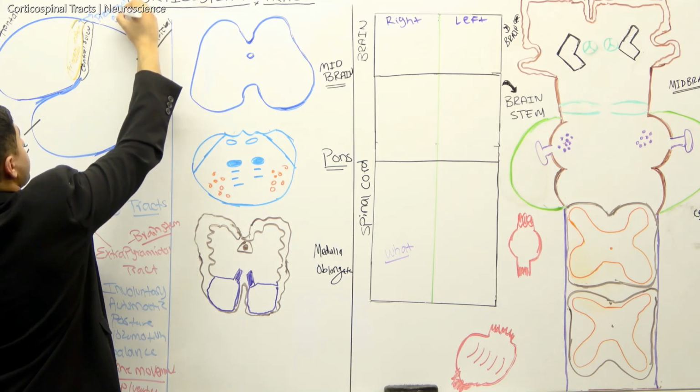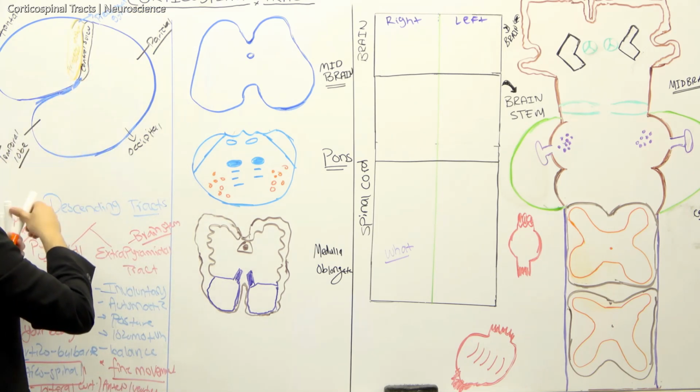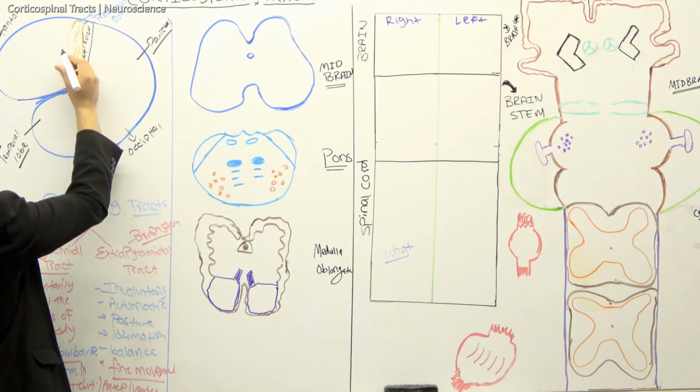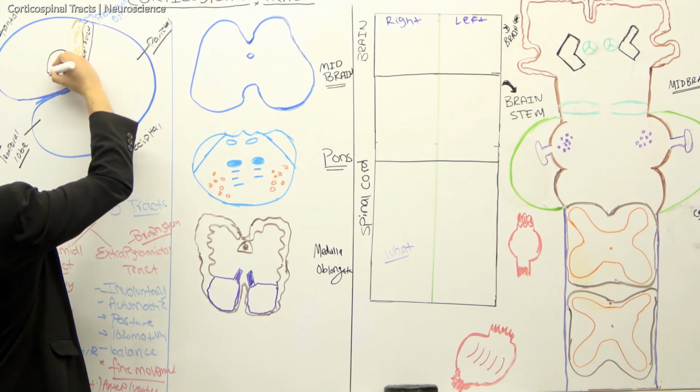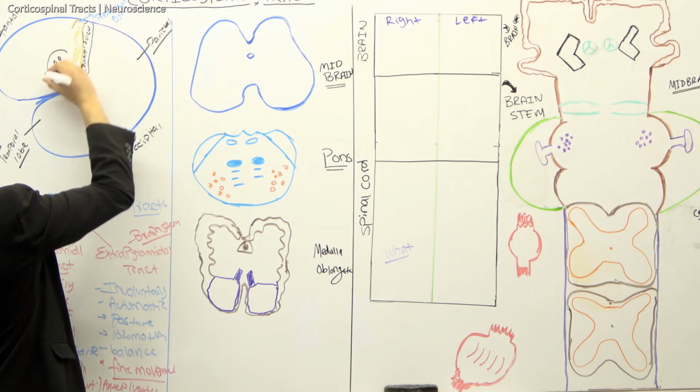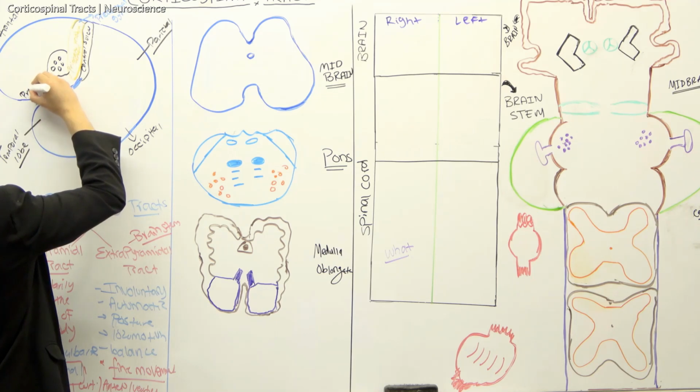All right, and then anterior to the precentral gyri, you're going to find the cell bodies around, let's say, this one right here. There are a lot of cell bodies you're going to find here. This is called, let me write down here, premotor cortex.